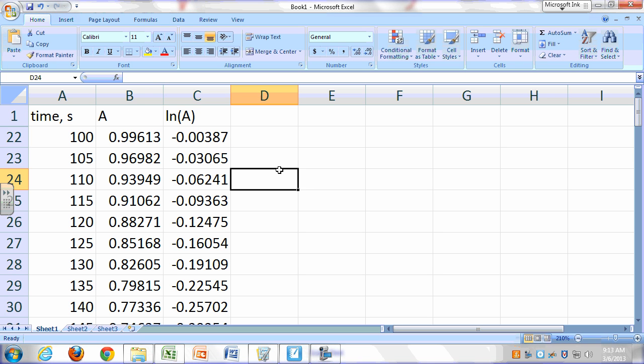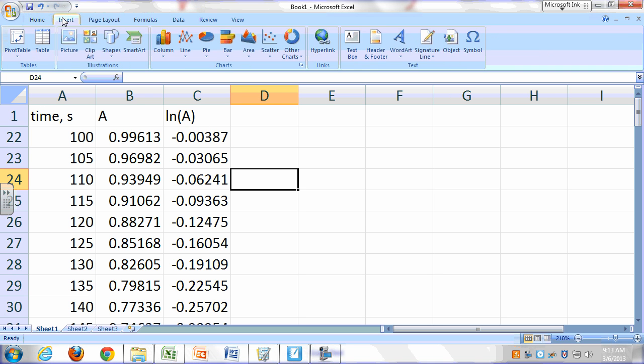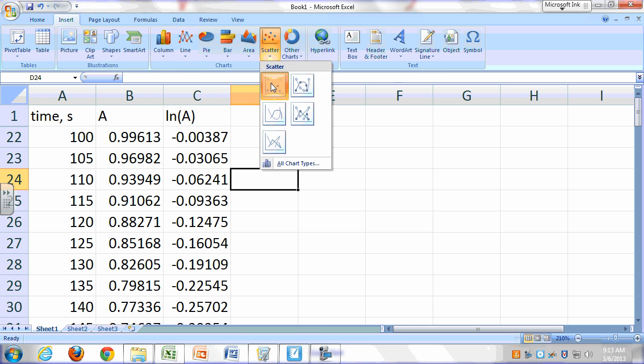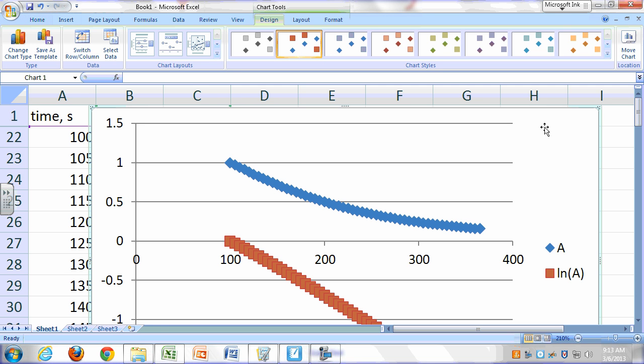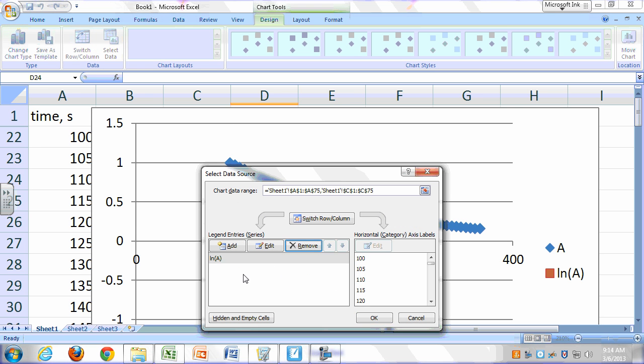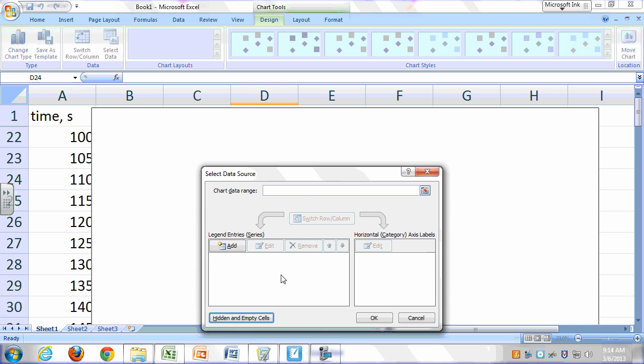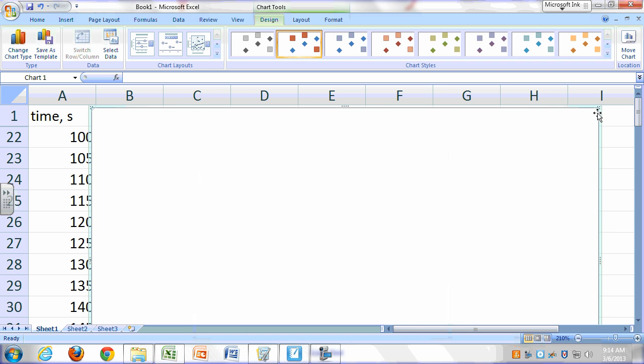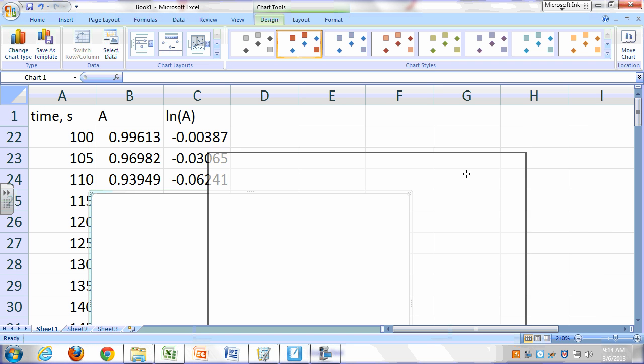And then we graph. Insert chart, scatter plot. Don't connect the data points. This is not what I want. What should I do? Select data. Remove. Okay, now I want to just plot one.